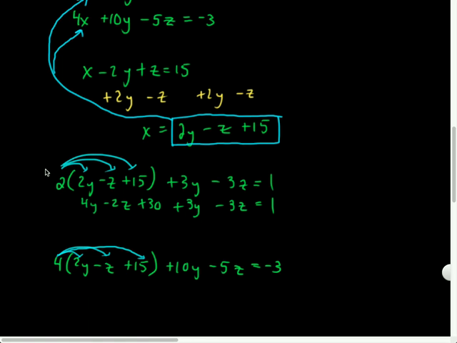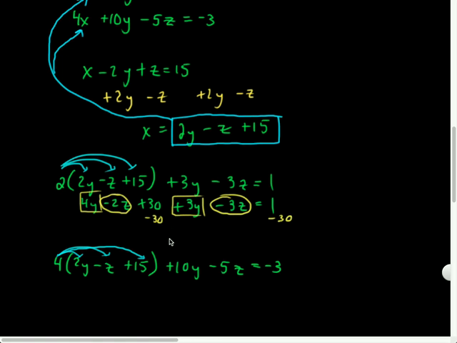I can combine some like terms: 4y and 3y, negative 2z and negative 3z, and I might even subtract 30 from both sides.